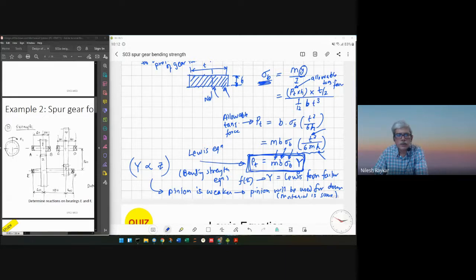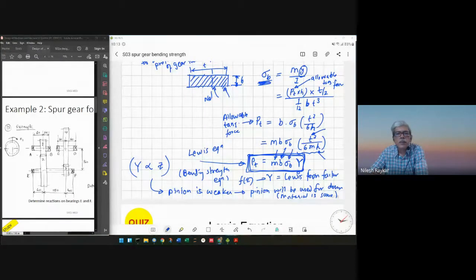There is no need to do calculations for the gear. So among every mating pair, you need to design only the smaller gear for bending strength, and that is what we'll do. Now there is a quiz question coming up.